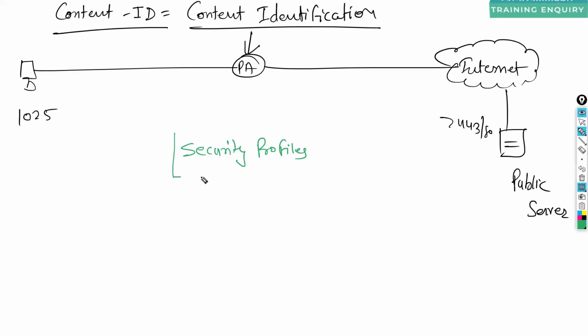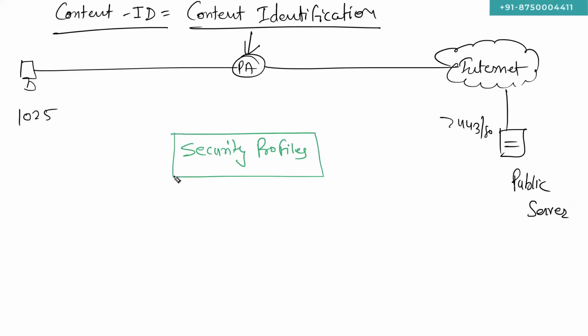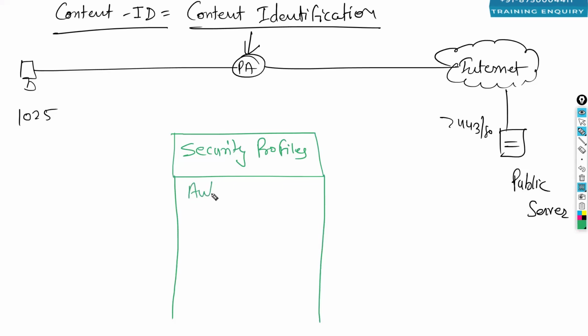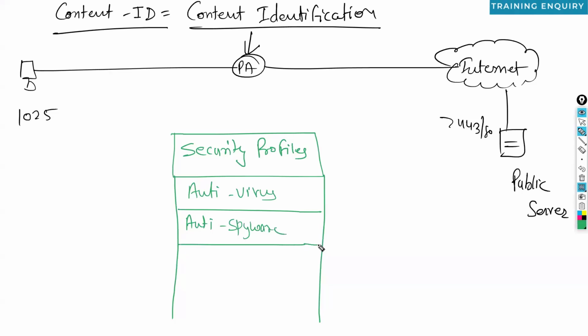profiles. In security profiles, we have profiles like antivirus, then we have anti-spyware, then we have file blocking, then we have data filtering.